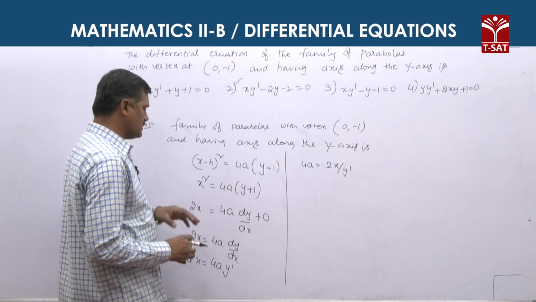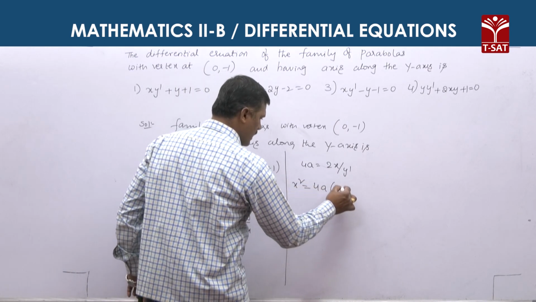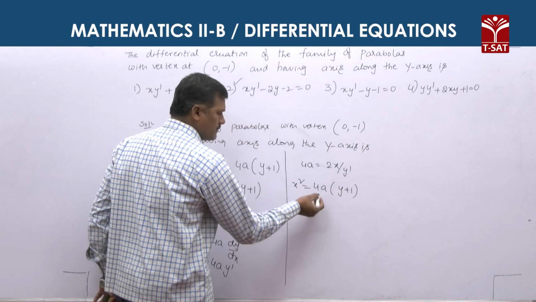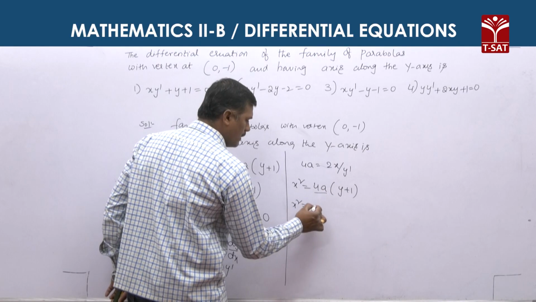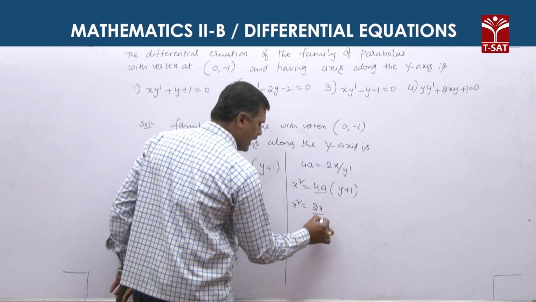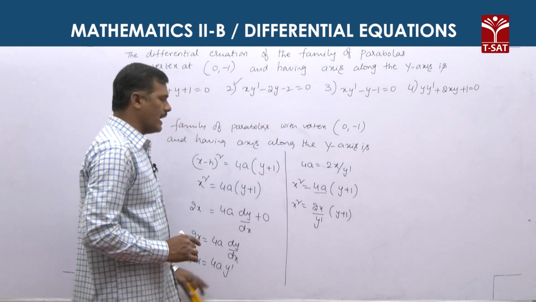The given equation is x square is equal to 4a into (y plus 1). Substitute in place of 4a this value: x square is equal to 2x by y dash into (y plus 1). So the parameter a is eliminated.